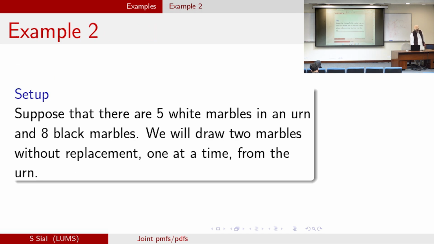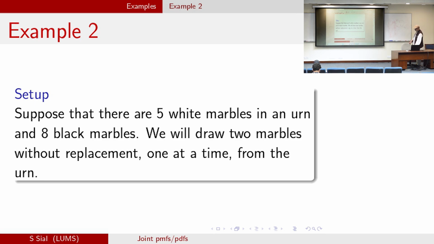Okay. Try another one. We've got 5 white marbles and 8 black marbles in a bag. We're going to draw 2 of them, one at a time, without replacement. So that's the experiment.